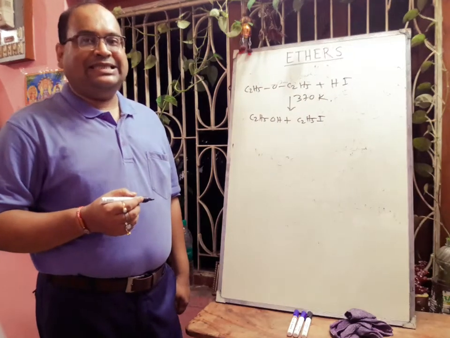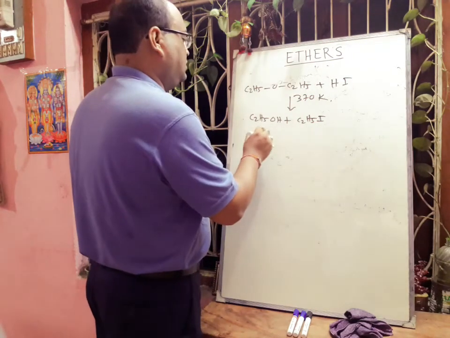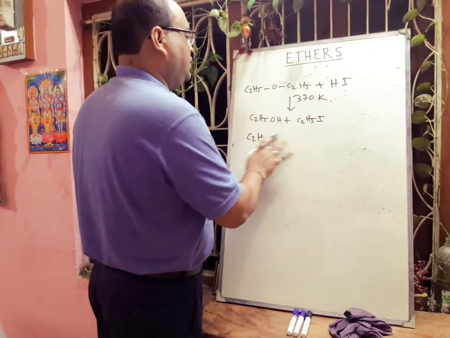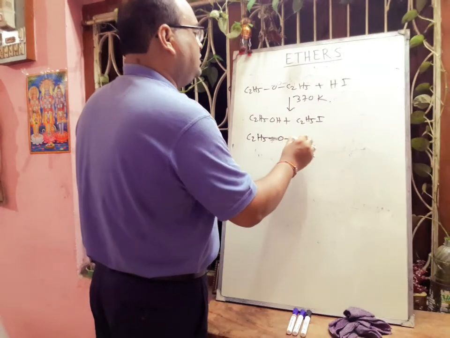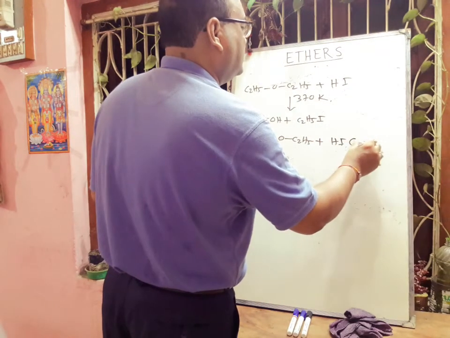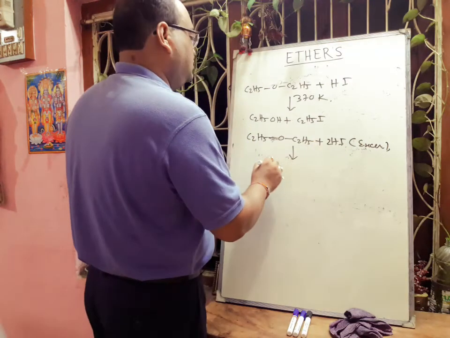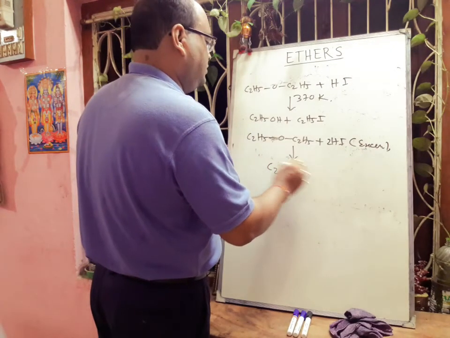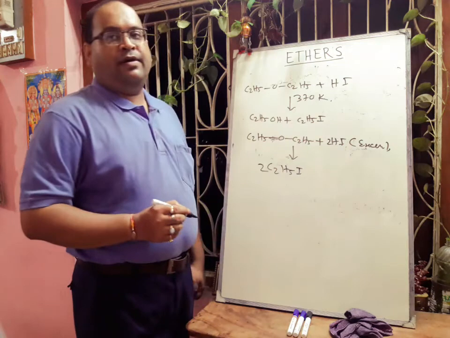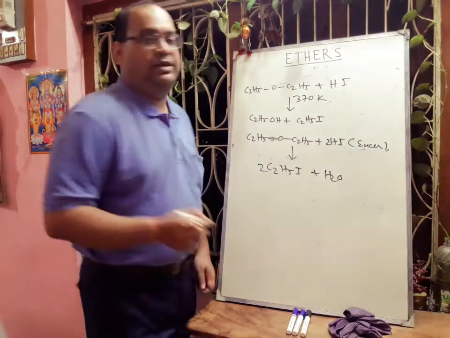If we add excess HI, C2H5 O C2H5 plus HI excess, then there will be formation of C2H5I only, with the formation of water also.